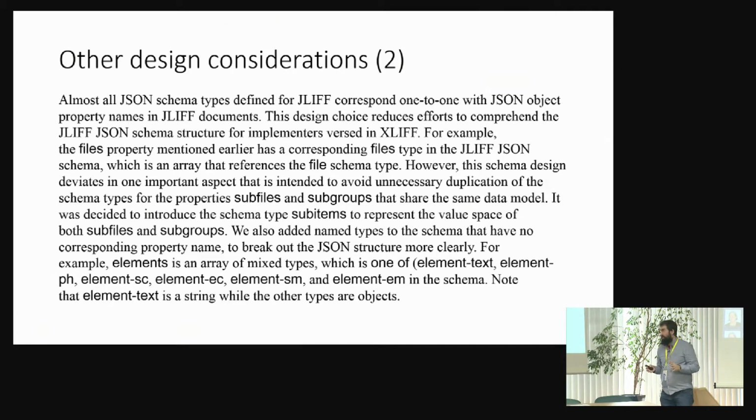So the structure is philosophically different. We need to have the plural forms because we need to represent sequences with arrays, so these arrays are wrapped with plural forms. So it is kind of a different world.